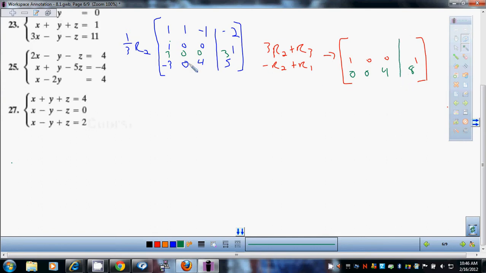All right, then we had negative row 2 plus row 1. So I'm going to rewrite negative row 2 right above it. That'd be negative 1, 0, 0, negative 1. Adding that to the top one, you get 0, 1, negative 1, negative 3.